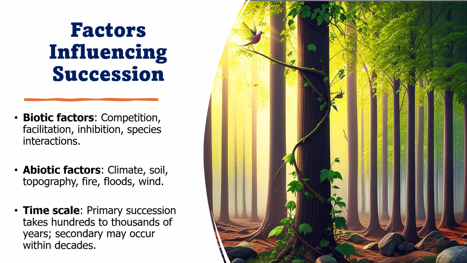Another important element is time scale. Primary succession may take hundreds to thousands of years, while secondary succession can occur in just a few decades. By studying these factors, ecologists can better predict how ecosystems recover after disturbances and plan effective restoration strategies to ensure long-term ecological balance and biodiversity conservation.